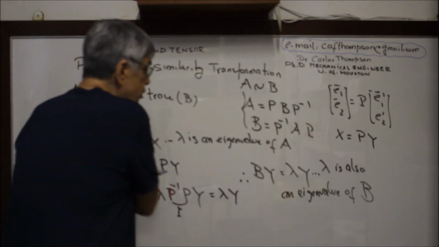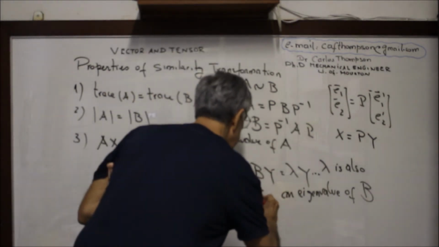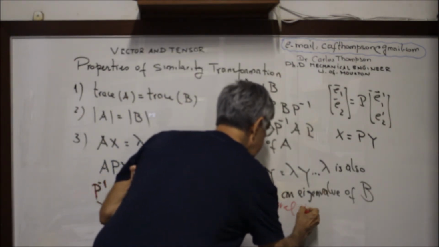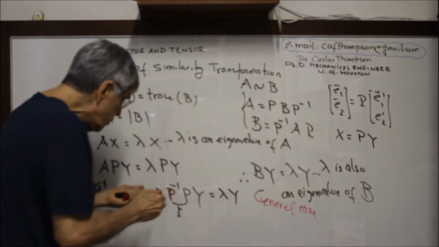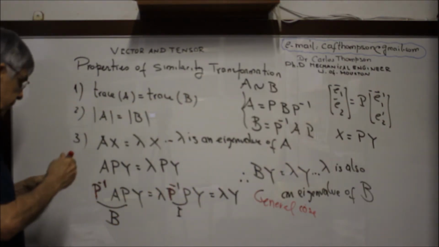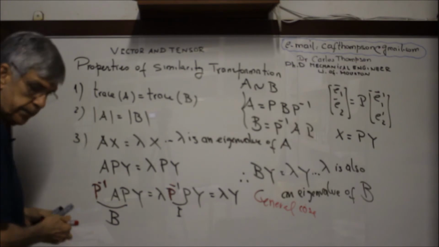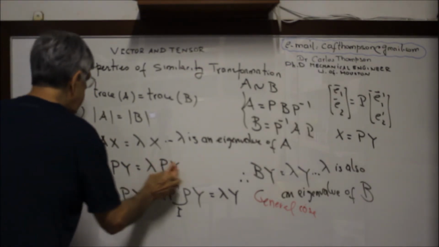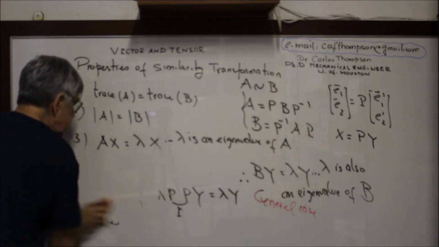So, this is for the general case, you see, I put general case. Suppose the case we just did previously. What we did, you see, that's the third property. I will apply this third property.